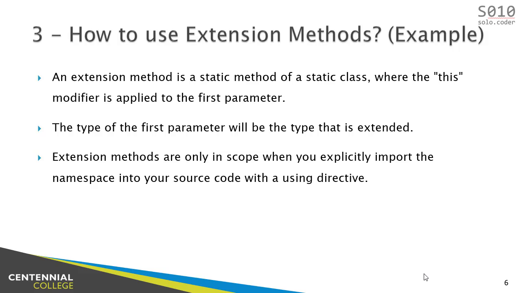An extension method is a static method of a static class where the this modifier is applied to the first parameter. The type of the first parameter will be the type that is extended. Extension methods are only in scope when you explicitly import the namespace into your source code with a using directive.